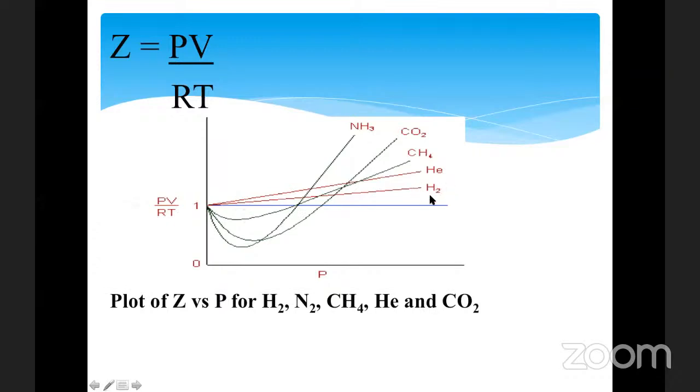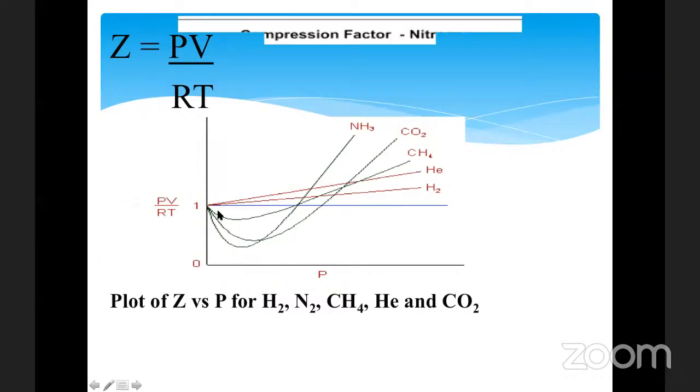Hydrogen is very light, so at low pressure you will see that it is almost behaving like an ideal gas. As the temperature increases and the pressure increases, there is just a slight deviation from the ideal behavior. So the molecular weight of the gas has a lot to do with determining its compressibility factor in this case.